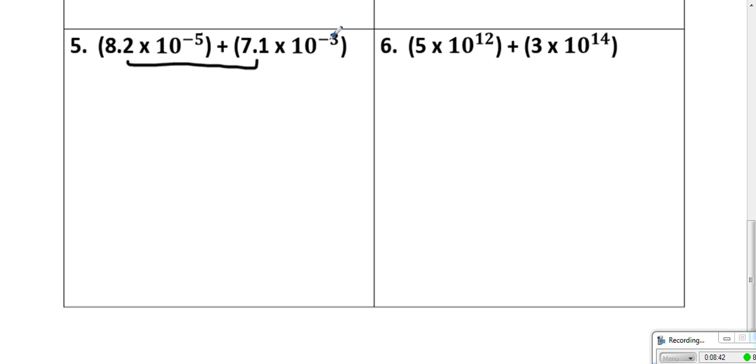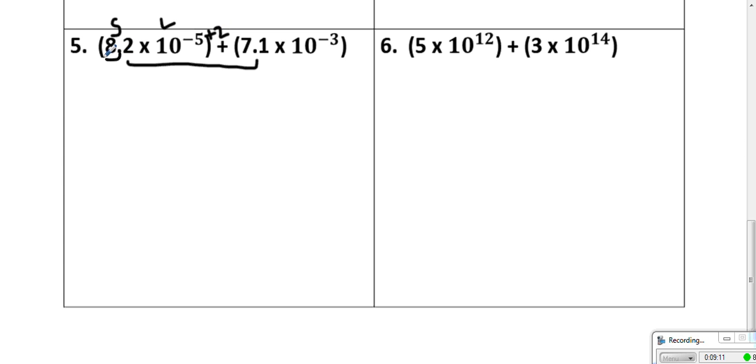I am going to make the negative 5 a negative 3. So to do that, I need to add 2 to negative 5. Adding 2, I made that larger.